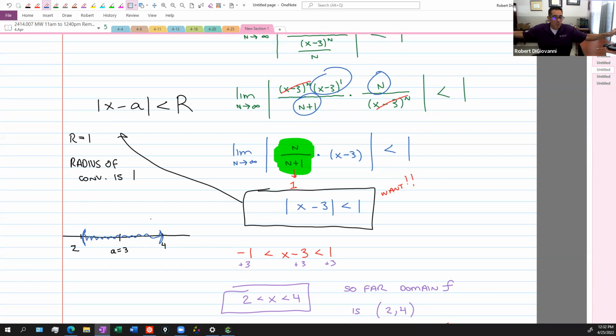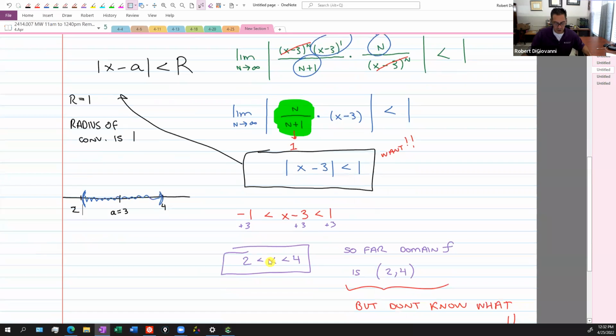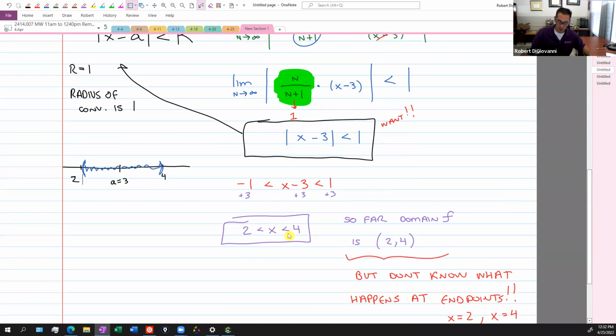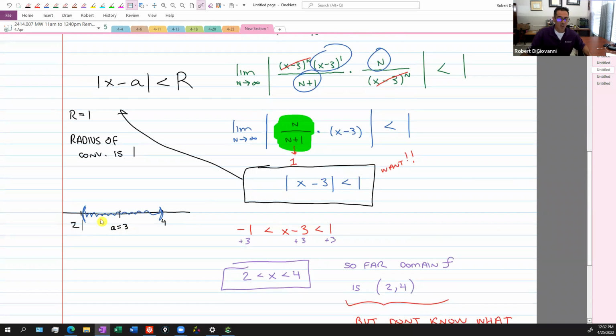It's a distance out both ways. Now, that doesn't tell you about the endpoints. Wait, no, 2 was included, 4 was not. But in terms of a radius, it's out 1 unit each way, and the endpoints we're not considering right now. We're just ignoring them. Everything from 3 out 1 unit without the endpoint, in the other direction 1 unit without the endpoint. I know that it converges inside there.